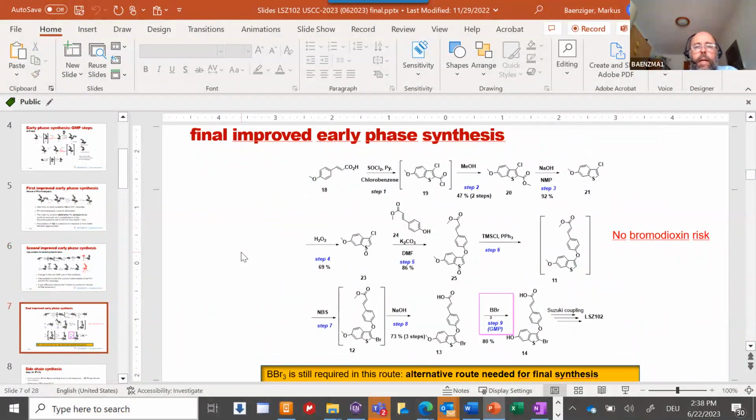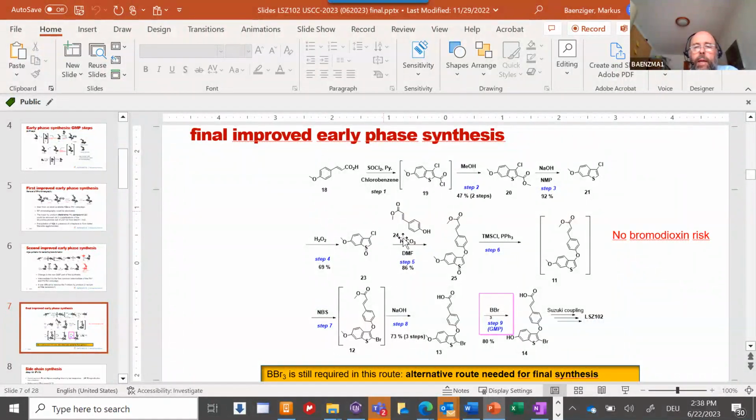Then the final improved early phase synthesis also made use of this Hinsberg cyclization. We had the same chemistry here to make this ester, which was then decarboxylated. But then we oxidized only to the sulfoxide. The sulfoxide had the advantage that we don't have to reduce it later on with diol. We can reduce it under much milder conditions with diethylphosphine and TMS chloride, and this is compatible with the ester.